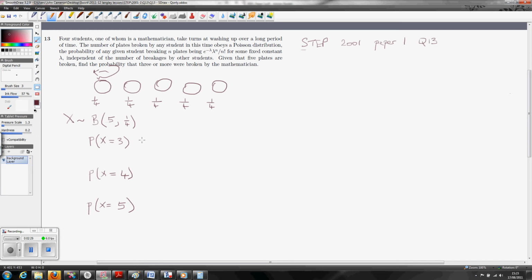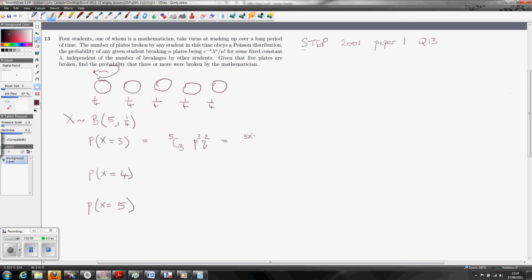So this is just a binomial distribution, so the probability of x equals 3 is 5c3 p to the 3 q squared, where p is a quarter and q is going to be 3/4. So let's just work that out a little bit more.